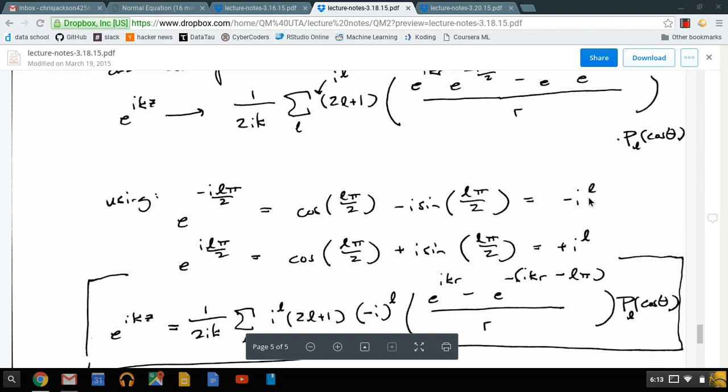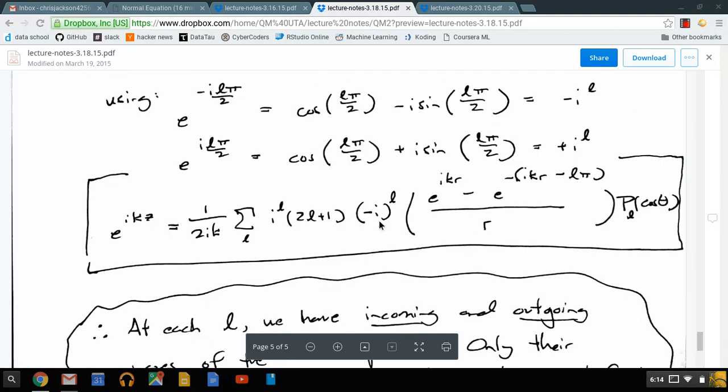Sorry, I was getting confused for a second there. And then I can do the same thing for e to the plus ilπ/2. So in the end, what I can do is pull out this factor of plus or minus i to the l. And so I'm going back now to my plane wave expression, and you can see that this minus i to the l is going to kill off this factor of i to the l, just giving me a 1.